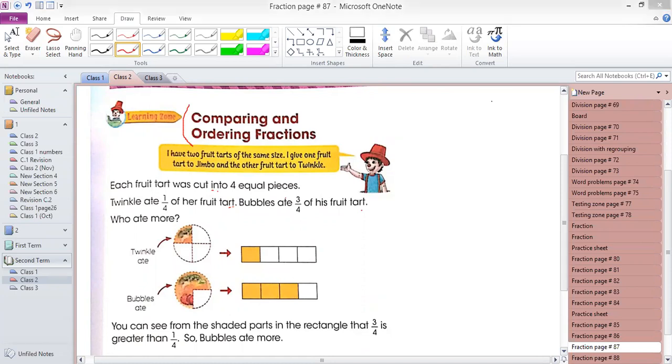Yes. Then each fruit tart. Each fruit tart was Cut cut into 4 equal pieces. Into 4 equal Pieces. pieces.